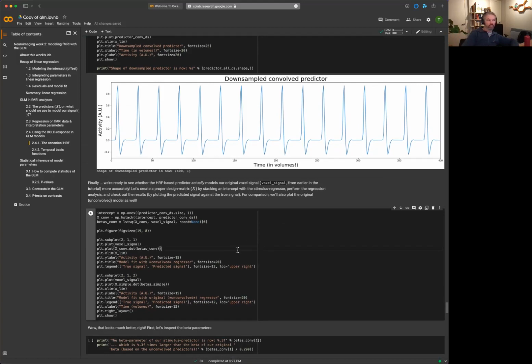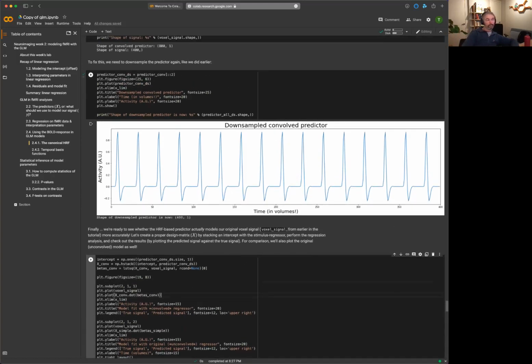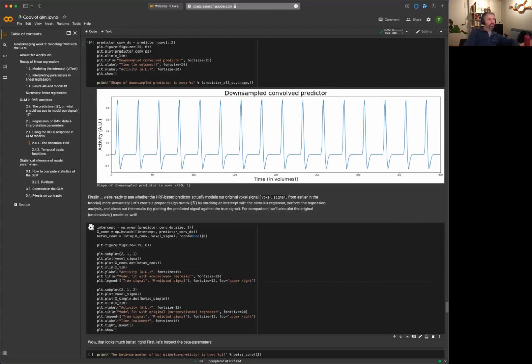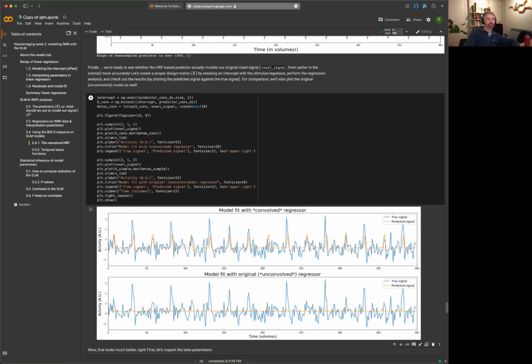Now we have a setup where we have a predictor that gives us our expectation of what signals should look like in the data. And now we can use this to perform a GLM analysis. So let's see what this ends up doing.